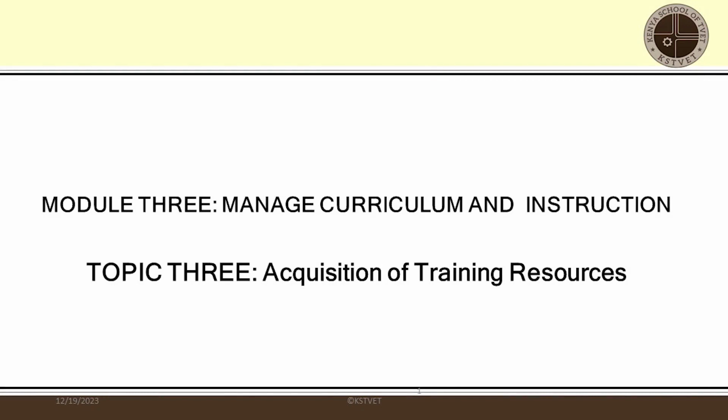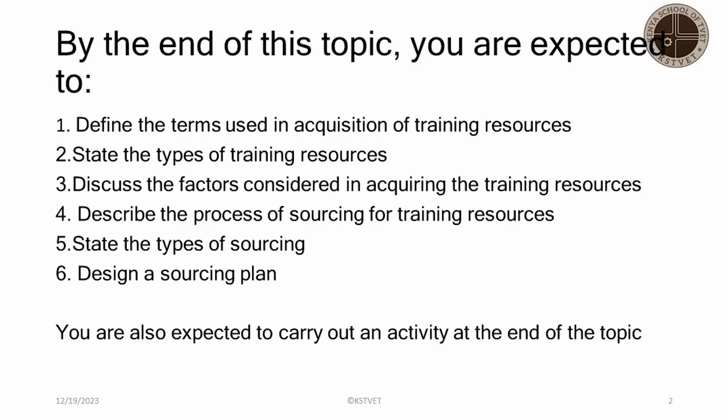Acquisition of institutional resources in managing curriculum and instruction. In topic 2, we looked at documents used in managing curriculum and instruction. By the end of this topic, you are expected to: 1. Define the terms used in acquiring resources in managing curriculum and instruction. 2.